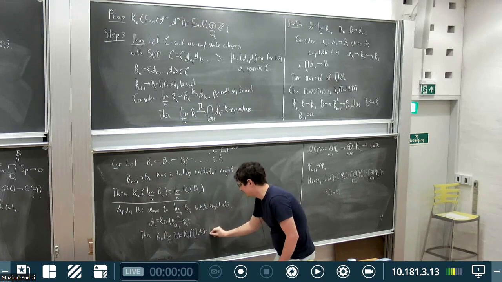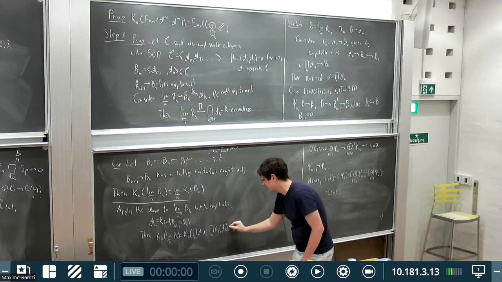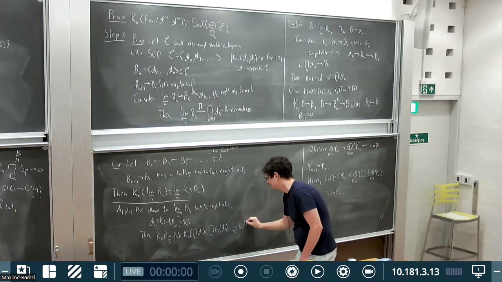But now we know that K0 commutes with products, so it's the product over n of K0 of An. And now by the usual semi-additivity, this is the same as the limit over n of K0 of Bn.